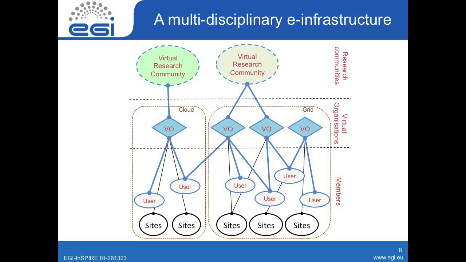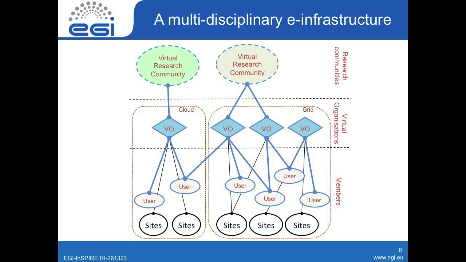And these virtual organizations are basically groups of users, and they are enabled on the resources. So users are not individually enabled on the resources, but resources enable virtual organizations.